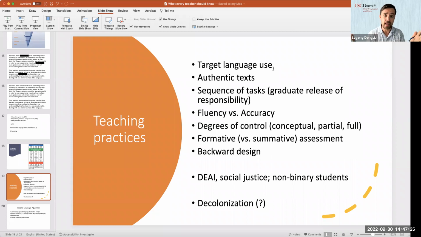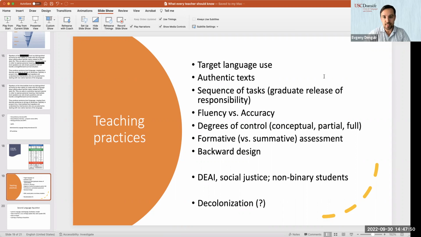That's okay. That's expected. We cannot expect 100% accuracy if we just introduced a certain structure. Full control often comes much later, maybe never comes for certain things. But that's an important concept.